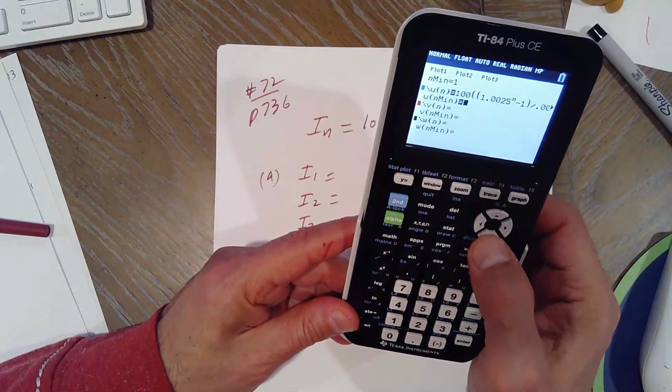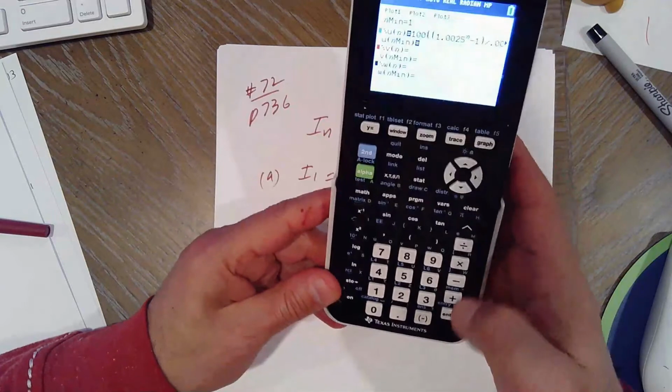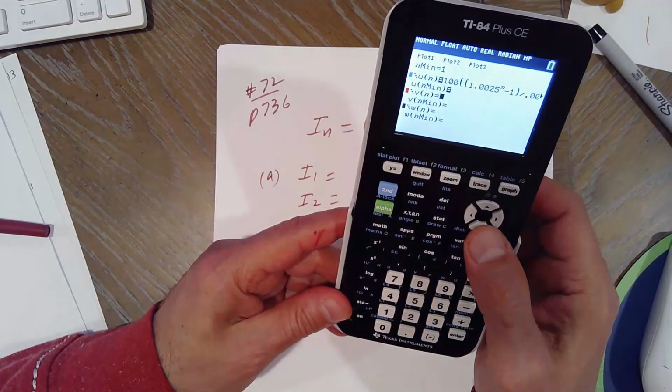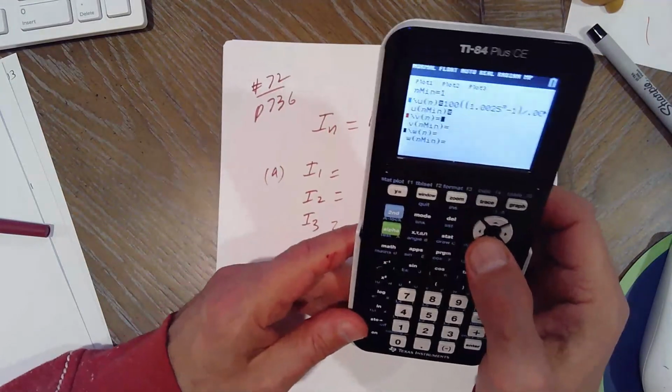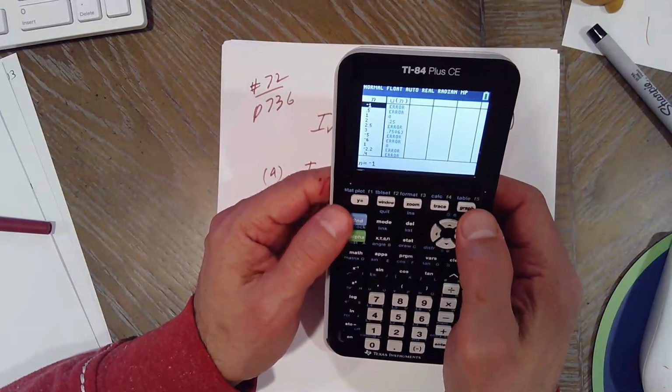Okay, so the n minimum is 1. Okay, so we're going to go to table and find these.